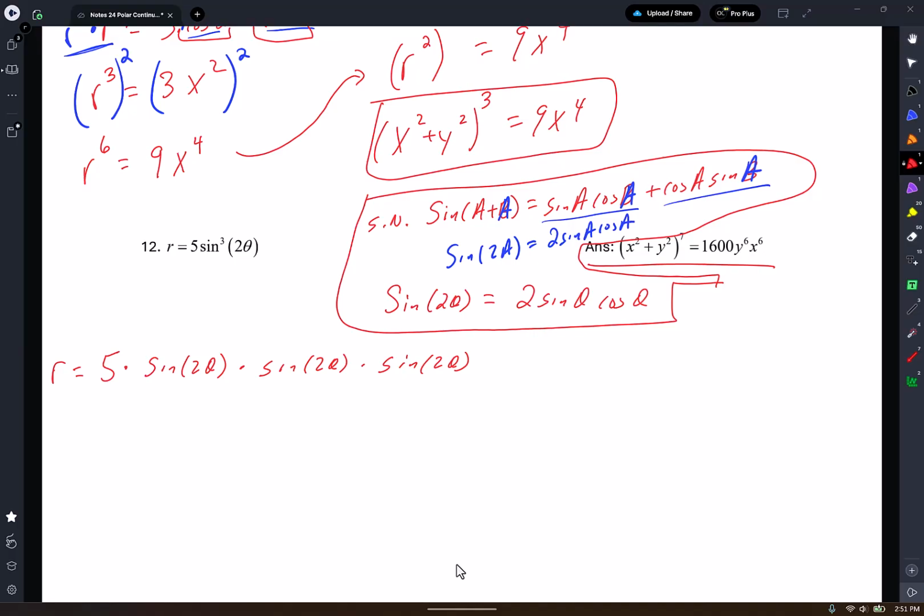That sine 2 theta is ugly. I'm going to get rid of it by typing what? 2 sine theta cosine theta. So here it is. R equals 5 times 2 sine theta cosine theta times 2 sine theta cosine theta times 2 sine theta cosine theta.